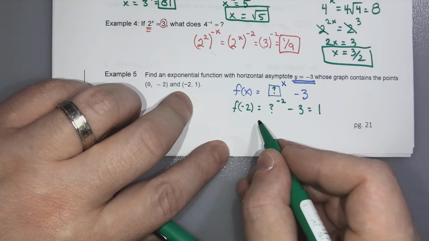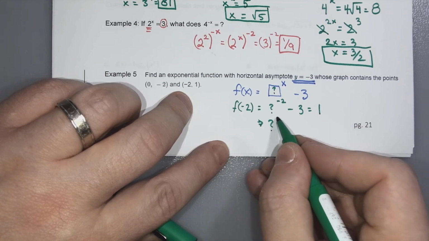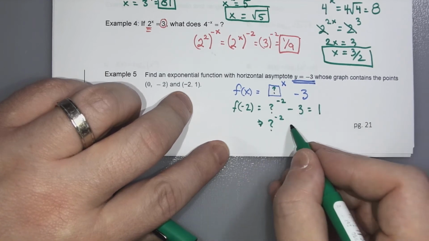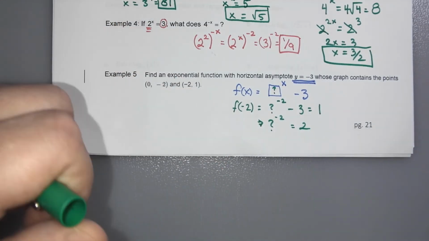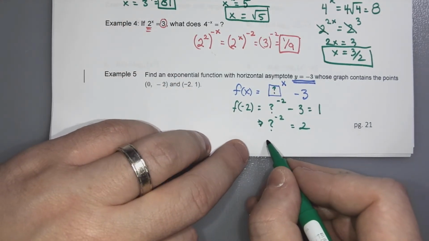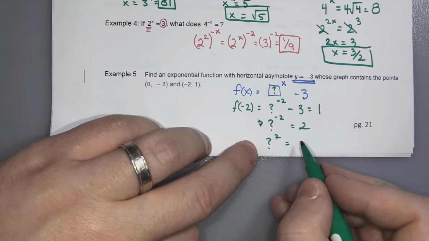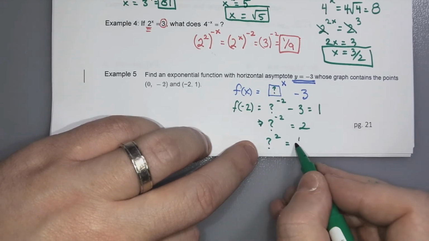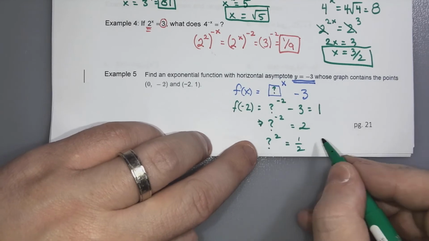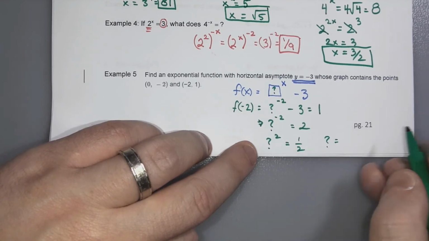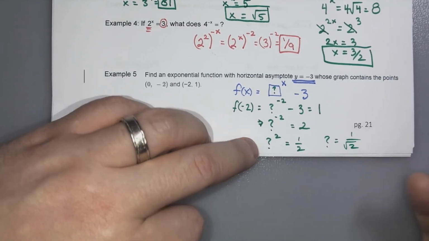So question mark to the negative 2 must be equal to 2, which would mean that question mark squared would be equal to 1/2. There we go. Take a square root. Looks like question mark equals 1 over radical 2.